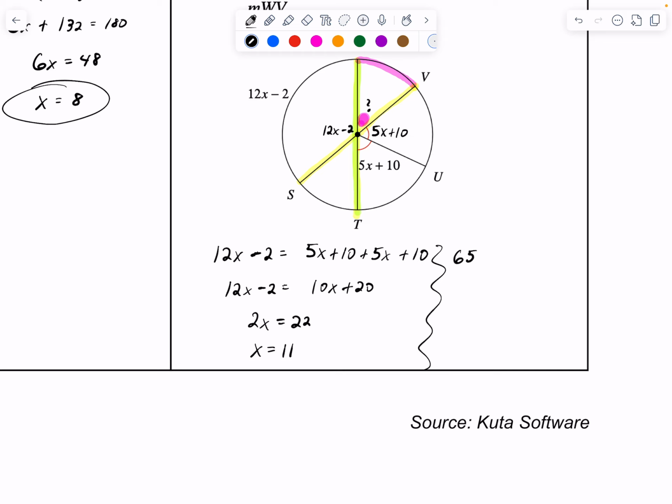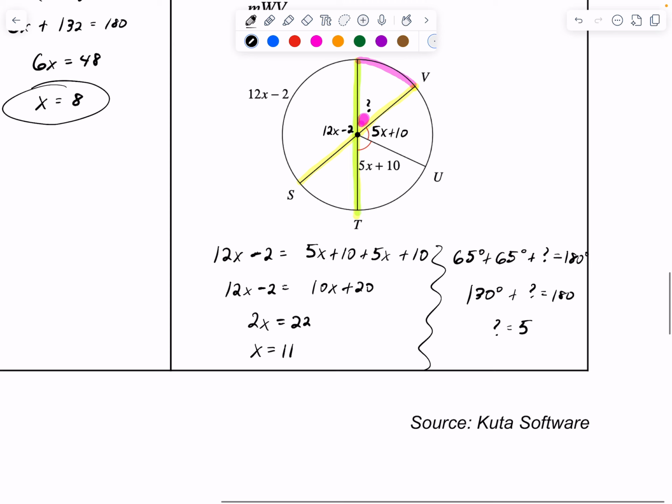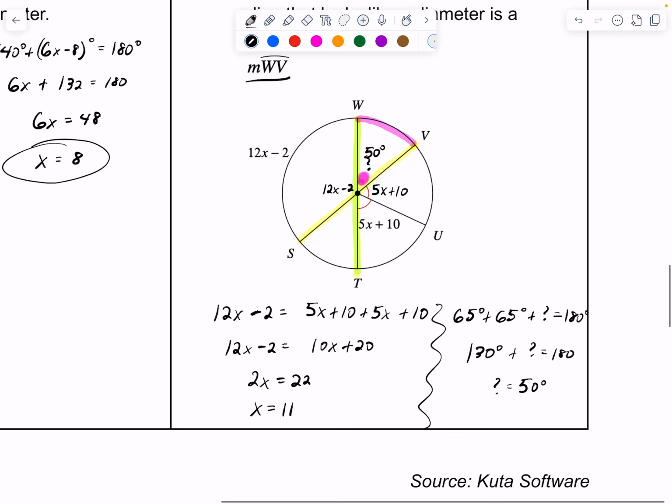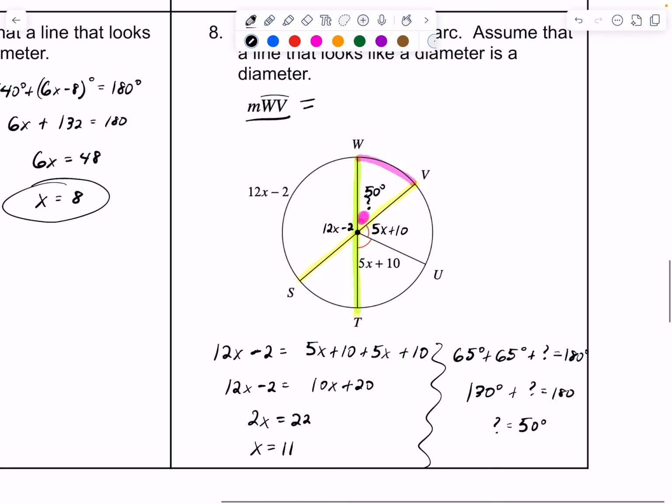So that's 65 degrees plus 65 degrees plus that question mark has to be equal to 180. So 65 plus 65, that's going to be 130. And then move the 130 over with subtraction, and you get 50 degrees. So this became 50 degrees, and if that angle is 50 degrees, then the measure of arc WV is also 50 degrees.